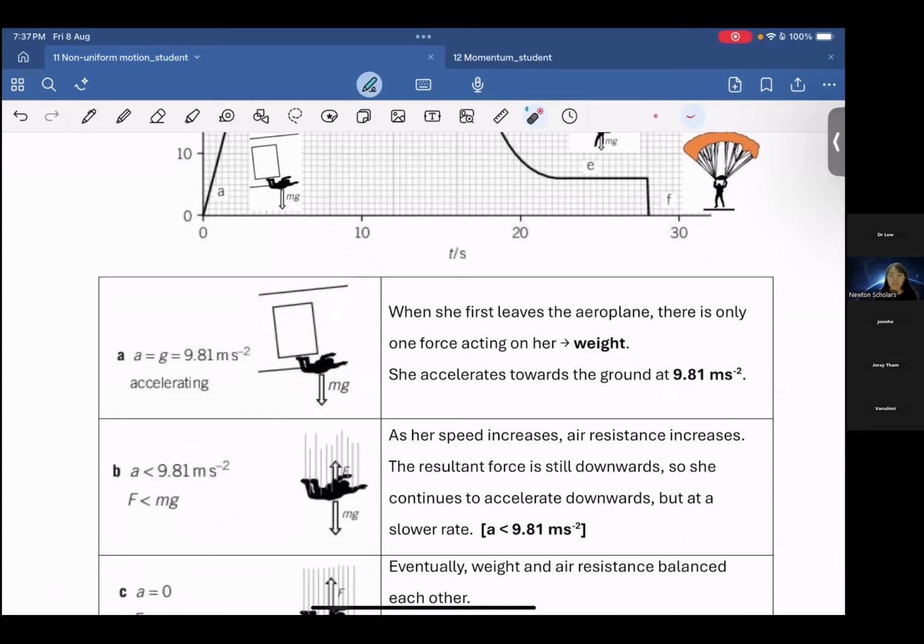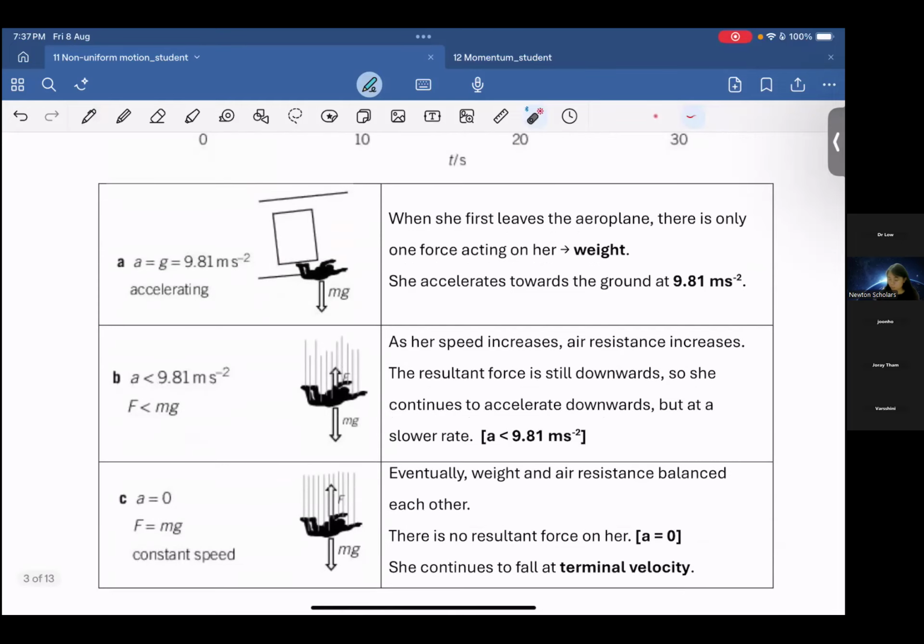Accelerate means what? Speed increases. So when the speed increases, just now we mentioned air resistance will increase. Let's say I just put in some values so that it's easy for you to have a look. Let's say this one is, sorry, not 80, 800 Newton.